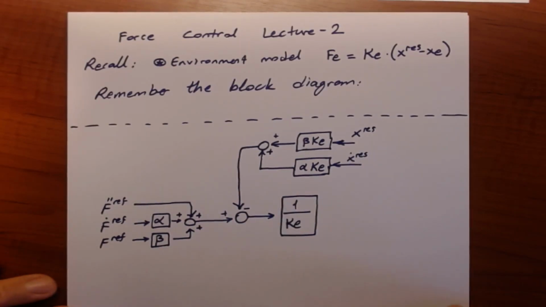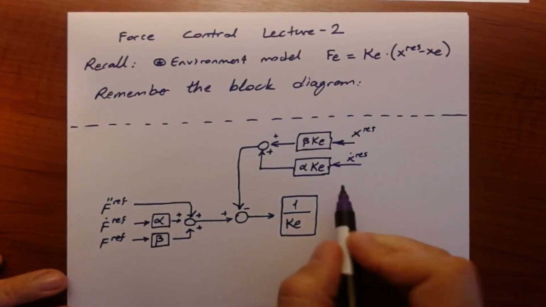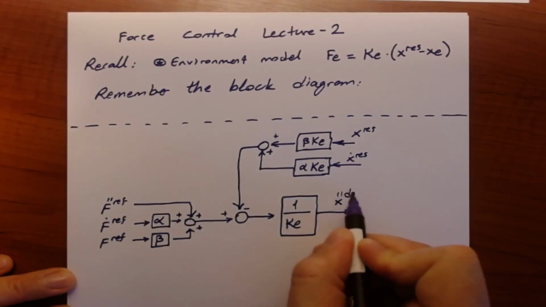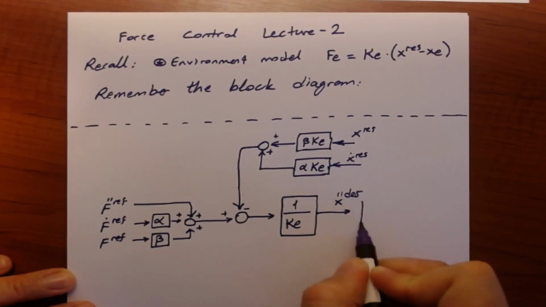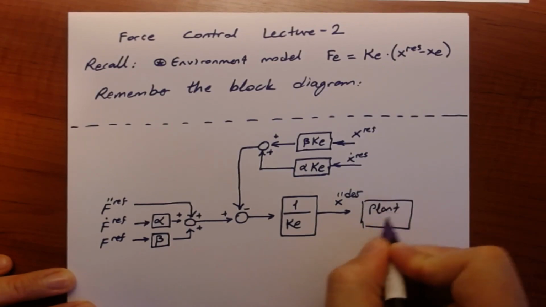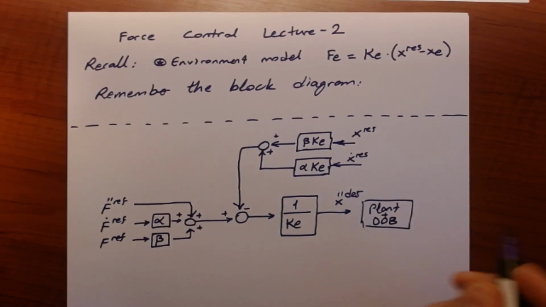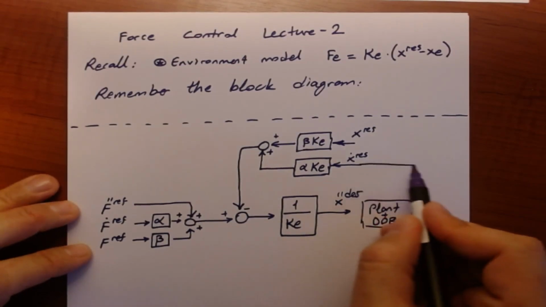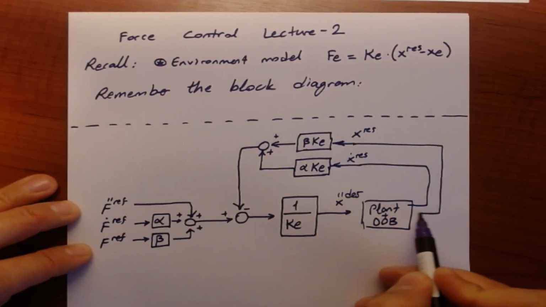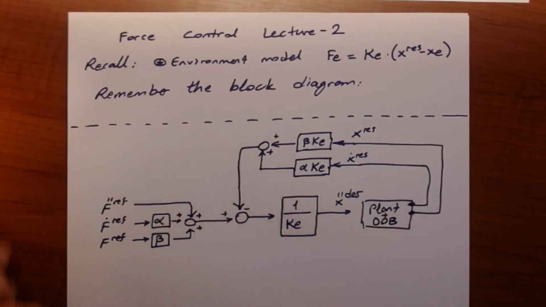So, of course, this was generating the x double dot desired acceleration that was going to the plant plus disturbance observer structure, right? And from which we were able to generate these feedback signals. We were extracting them from our plant.